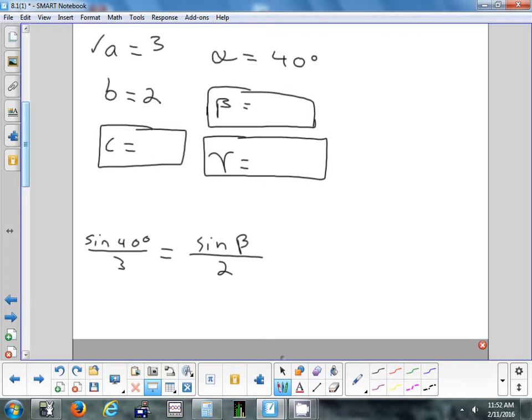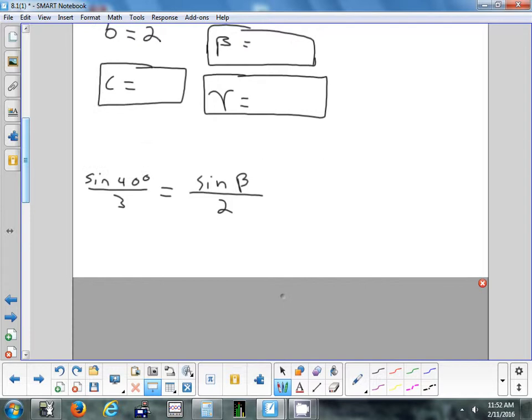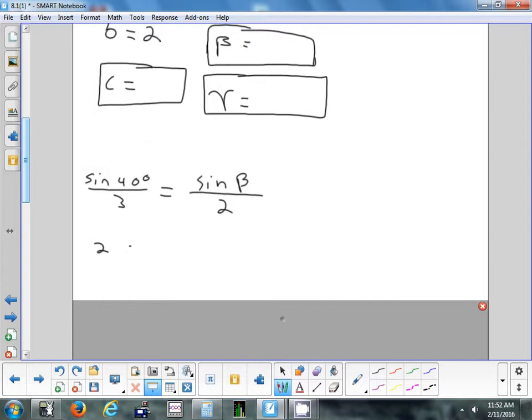Still going to cross multiply, so 2 sine 40 equals 3 sine beta. I think in this problem it's simpler not to cross multiply, just multiply each side by 2. Then you don't move the 3 to the other side and then have to move it back.